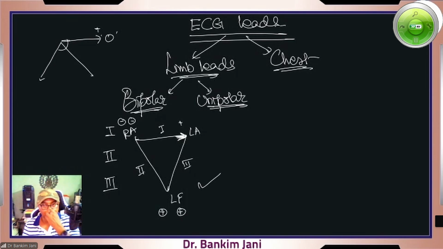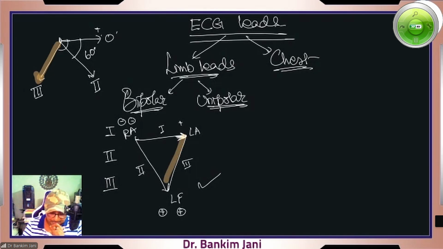Otherwise, it is one and the same. We just have to watch the direction. This is 60 degrees. This one would be lead 2 and this one would be lead 3. See the direction. That's the bipolar system.